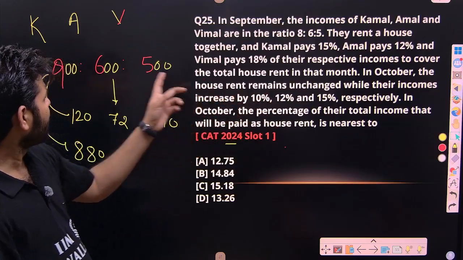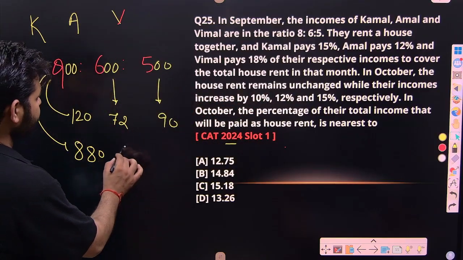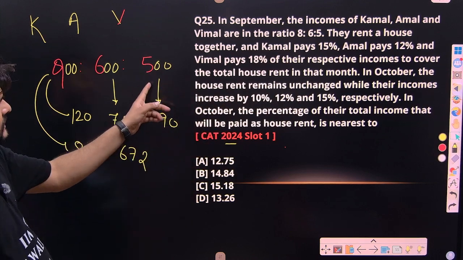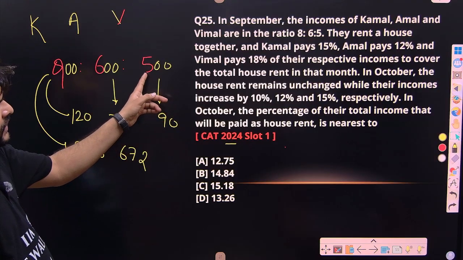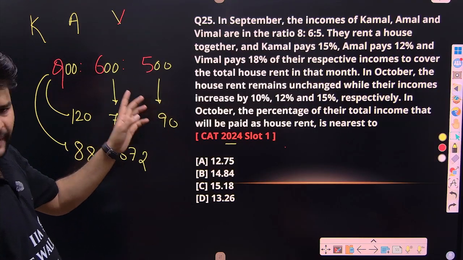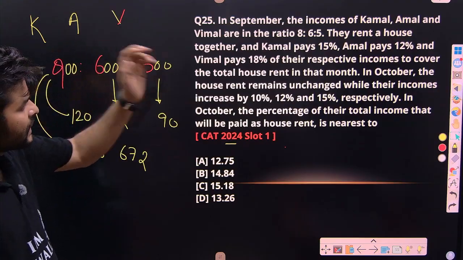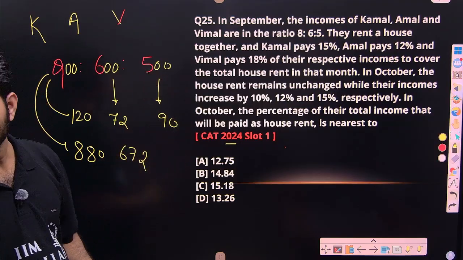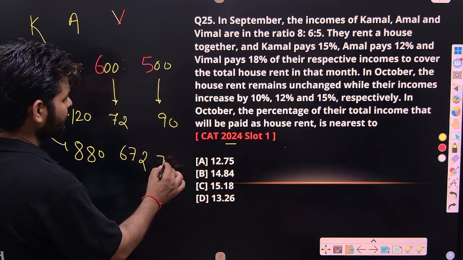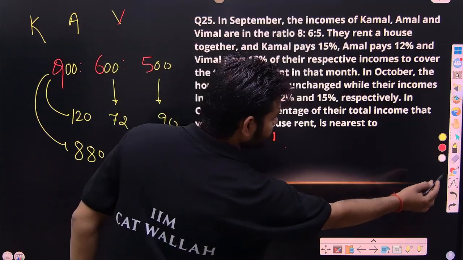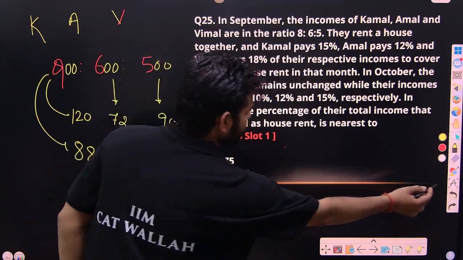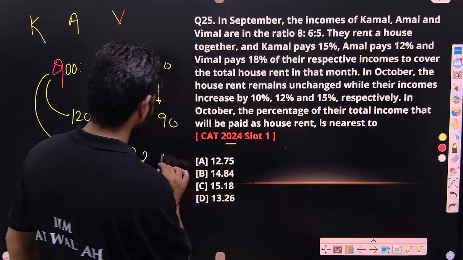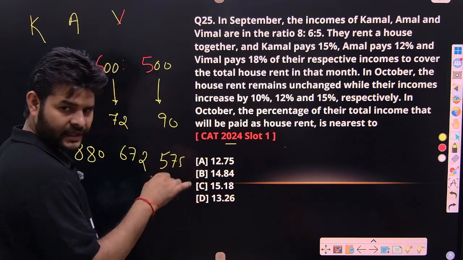And a 12% increase gives 672. A 15% increase, what would 15% be? 75. So it is 575. Got it? So basically 575. This is the current situation.